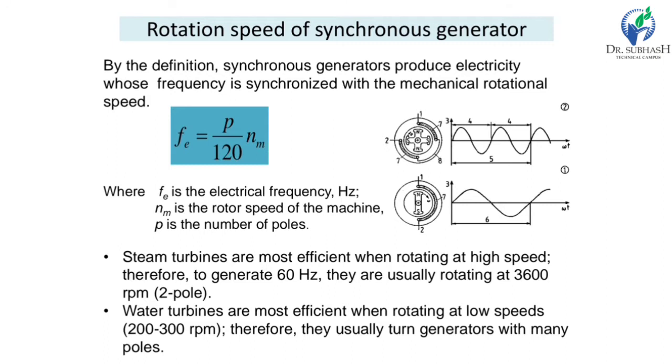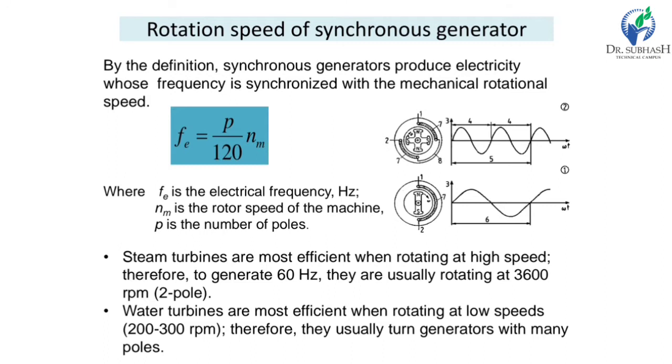So the frequency is equal to the number of cycles per second, that is, cycles per revolution multiplied by revolutions per second. So frequency f is equal to small p into small n.